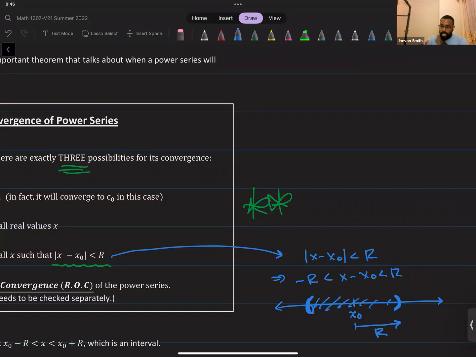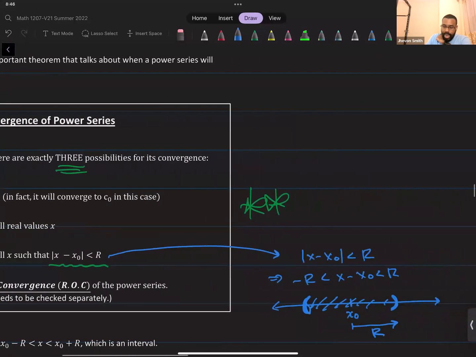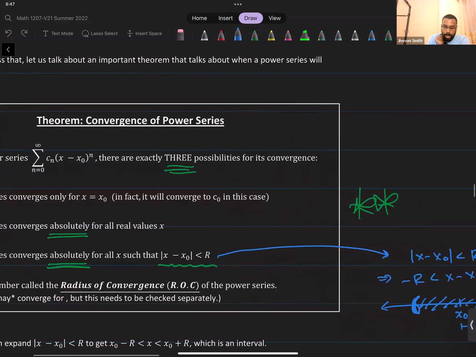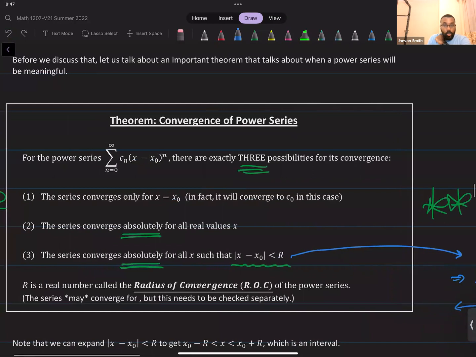And outside of this window, it won't converge. But inside of that window, it will converge absolutely. The actual endpoints might be included, like this could be a square bracket or whatever, but that's not something you would know ahead of time. That's something you have to check extra. But within this interval, it will converge absolutely.